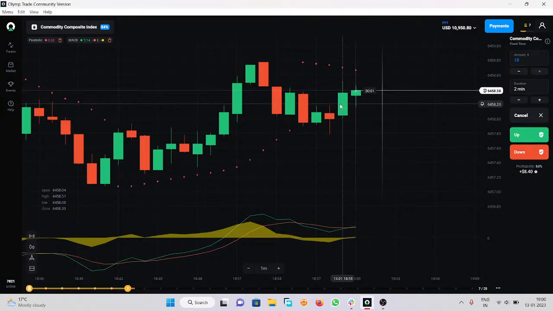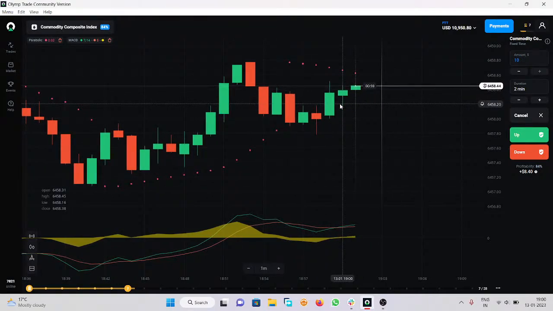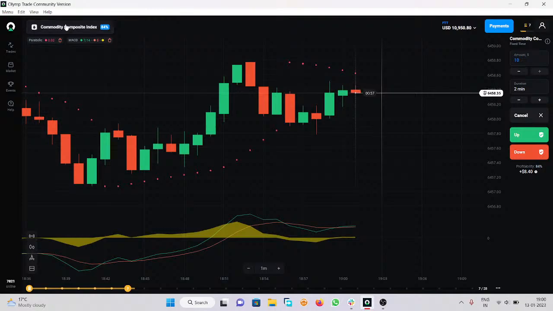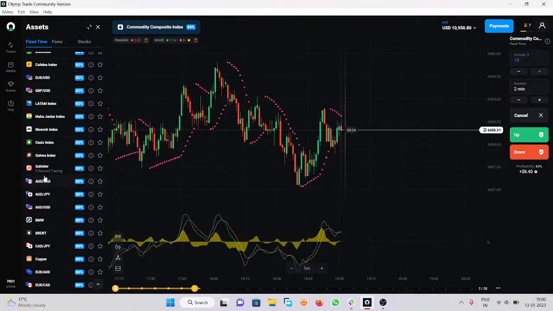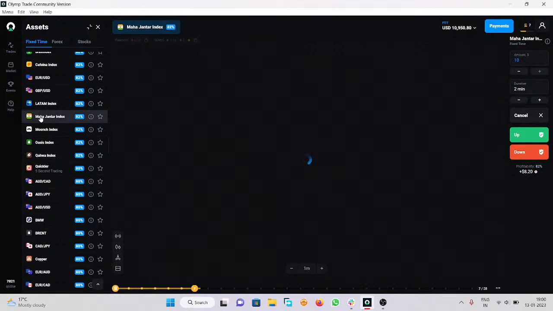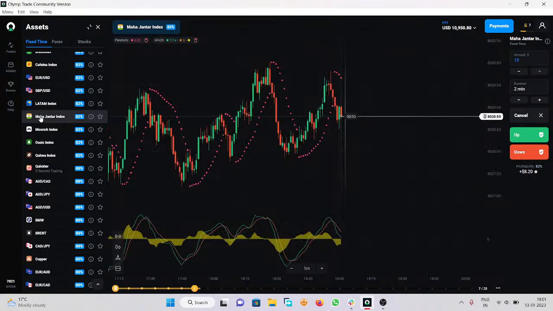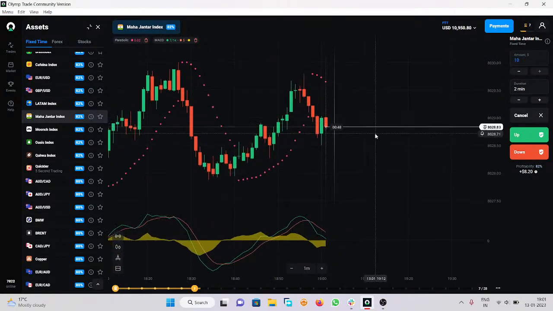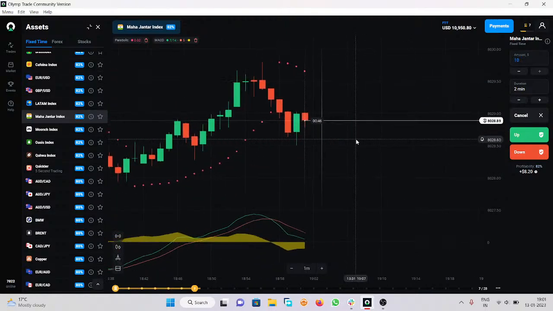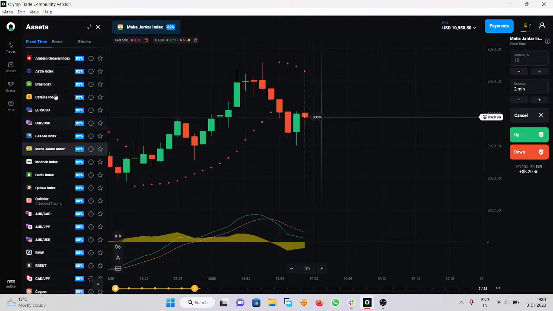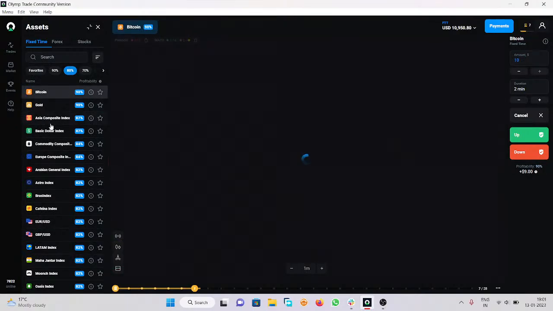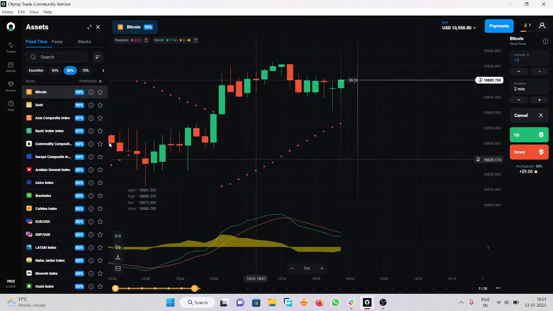Candles are very small or very big, red or green. We will not open the trade now. And whenever you are in doubt, do not open the trade. Always remember. Right now we are having signals, but as I told you, we didn't get any proper signals. Always open the trade with the proper signals.